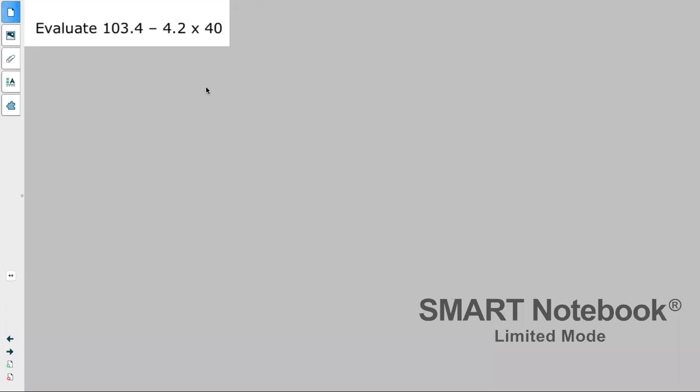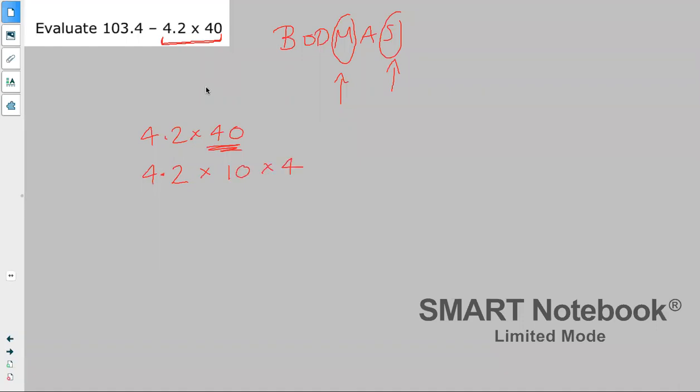Okay, so evaluate this here. You need to remember your BODMAS rules, and that you multiply before you subtract. So I need to do this part here first before I subtract. We're doing 4.2 multiplied by 40, which can be split up into 4.2 multiplied by 10 multiplied by 4, or you can do it the other way around.